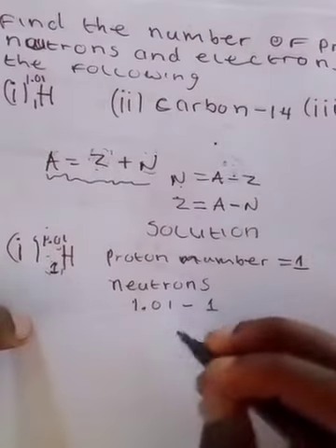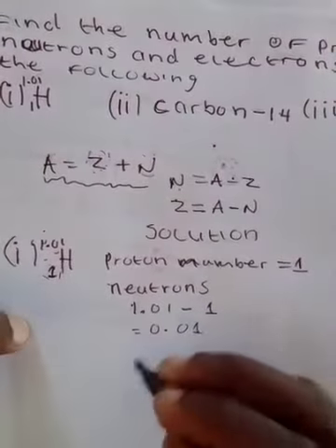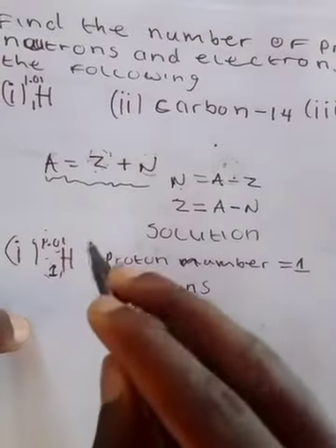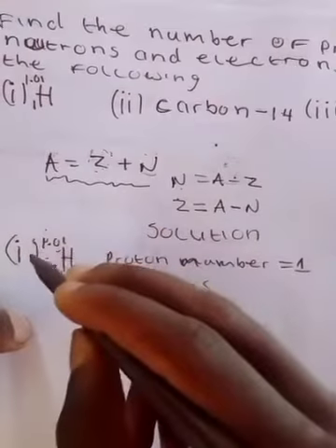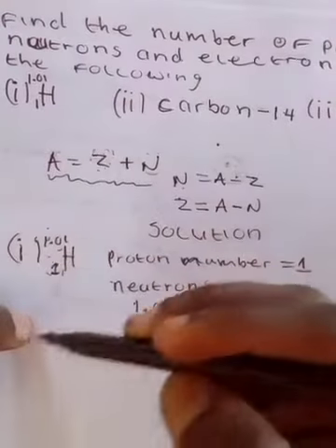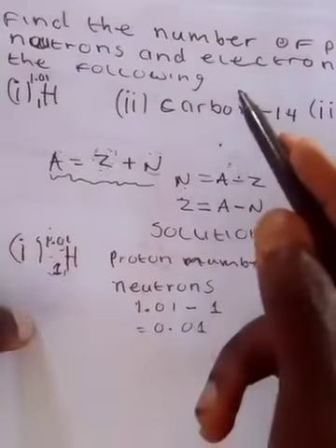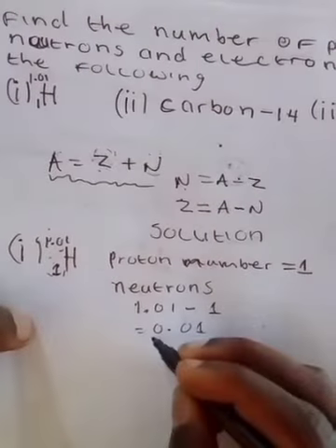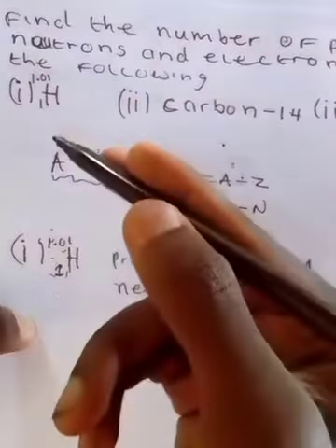But this is just an example. If there was 22 here, you would have just done 24 minus whatever the mass number of the atom you're dealing with is. We're going to look at the example for carbon 14. Do you understand that? So this would be your neutrons, in the case where it was written like this. But just know that the key concept is to subtract this from this.